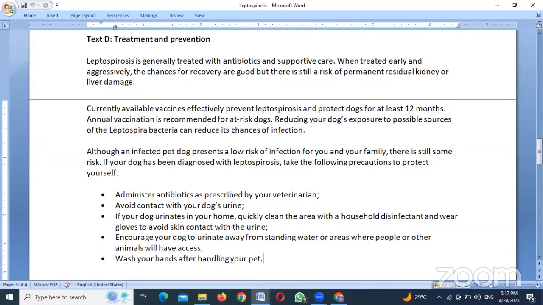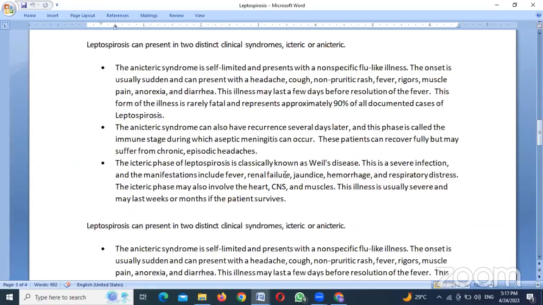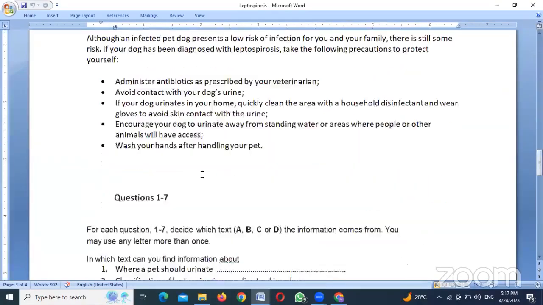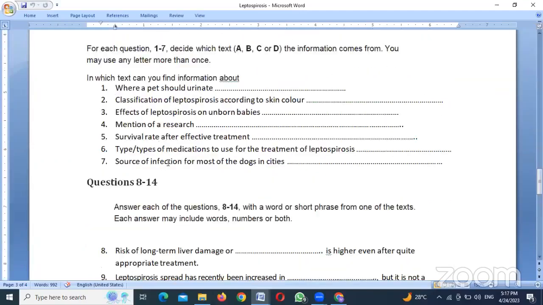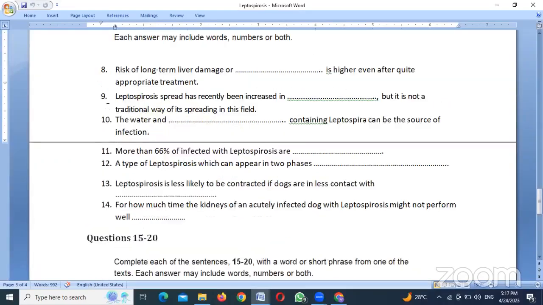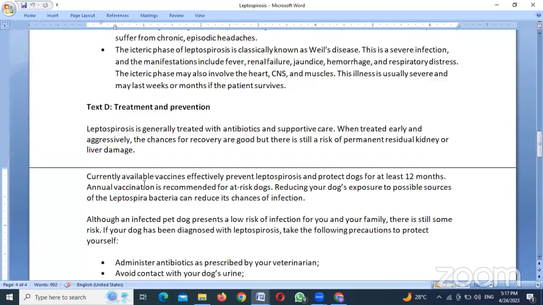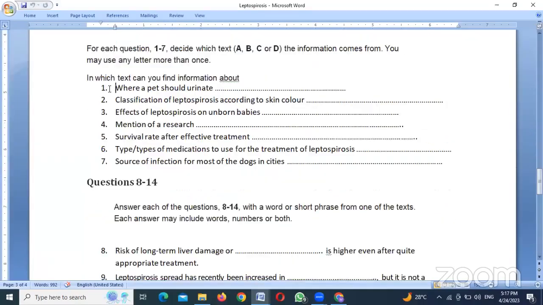So overall we have a little bit of idea what is included in each text. Some people start with questions 1 to 7, and some people find it easy to start with question number 8, finish the 20 questions, then come back to question number 1. So you can try both of these strategies.